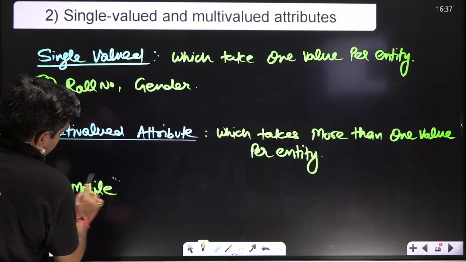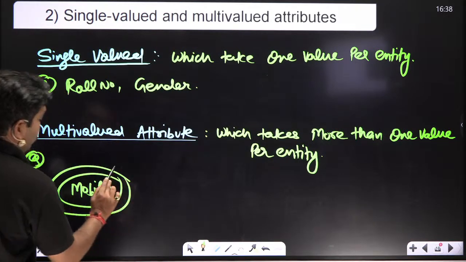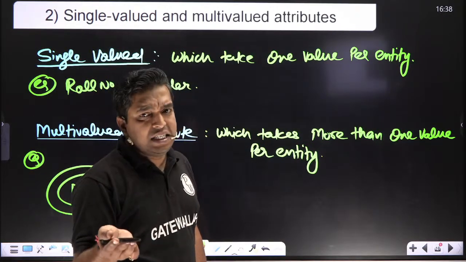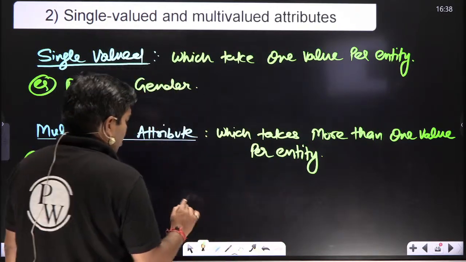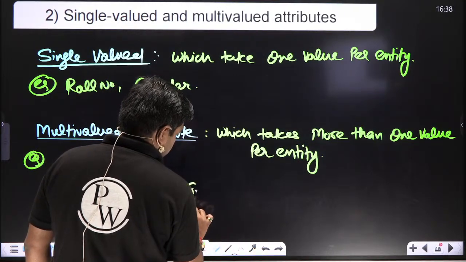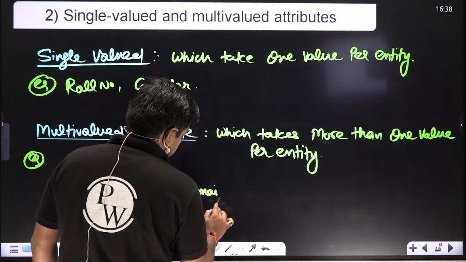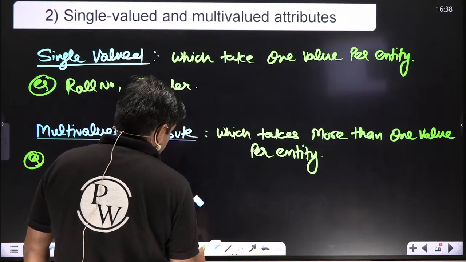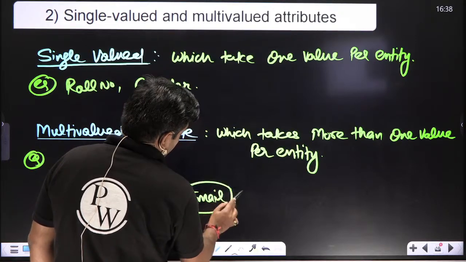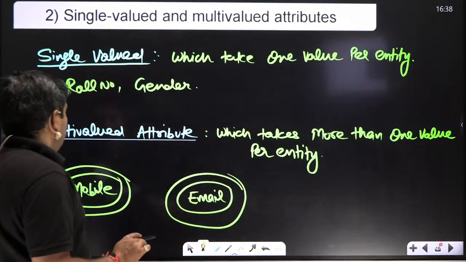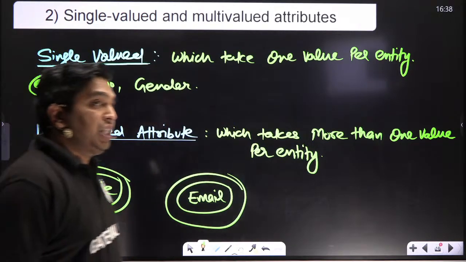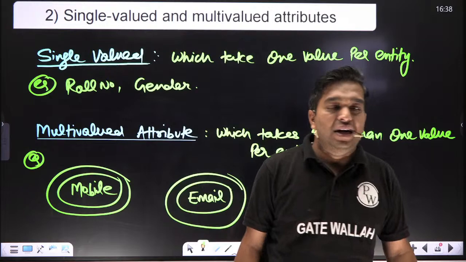You have two mobile numbers, two SIMs. One is X and another one is Y. Or you have Gmail ID, your email. You have more than one email ID. So these are the examples of multi-valued attribute.